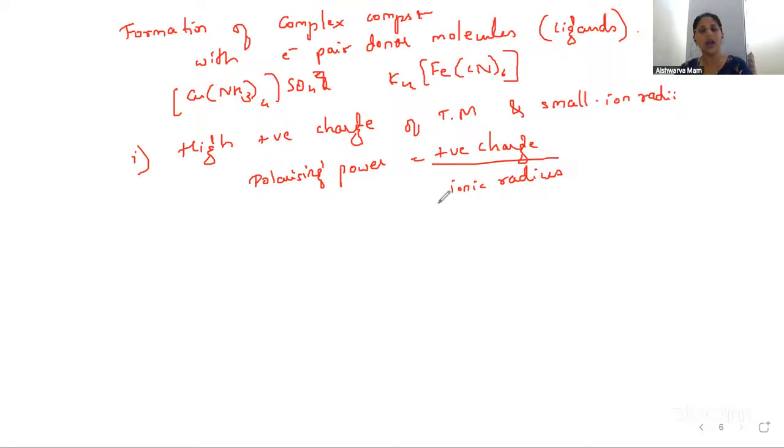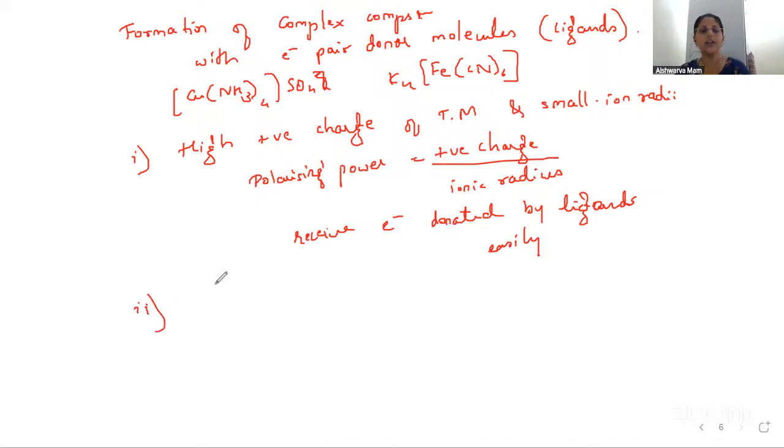As a result, the high positive charge enables transition metals to receive electrons very easily. They will receive the electrons donated by ligands very easily. Okay, this is one reason.